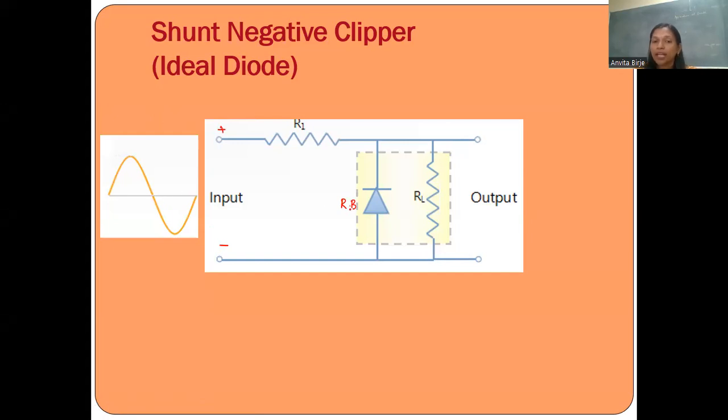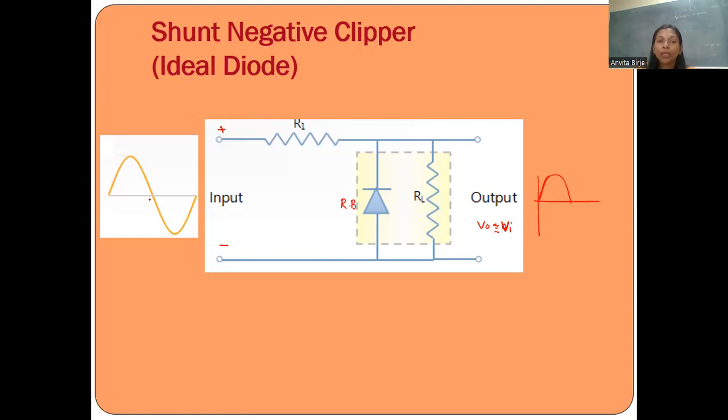So in the positive half cycle, the ideal diode acts as an open circuit. Therefore, we are getting output almost as Vi, because the diode acts as an open circuit. Open circuit means just the voltage drop across this RL, so it is approximately the input voltage. Whatever input we are giving, that same input we get at the output also.